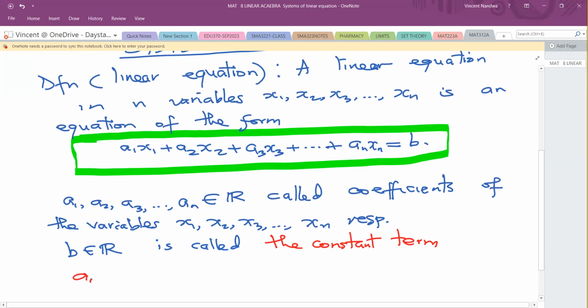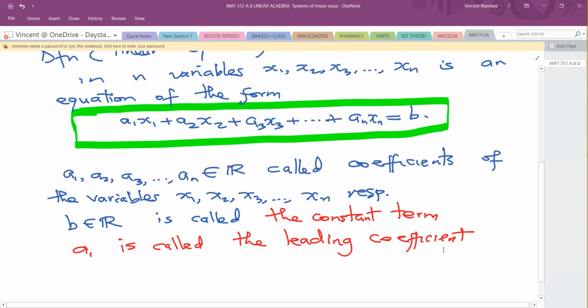Then A1 is called the leading coefficient. Then x1 is called the leading variable.